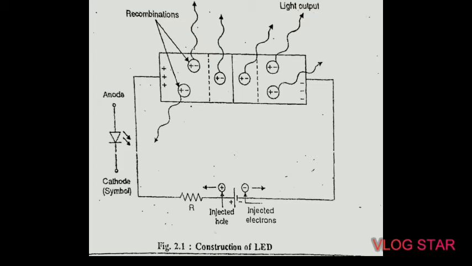In the case of an ordinary diode, the recombination is also taking place, but the photons are not radiated. Only heat is developed because of the recombination. But in the case of LEDs, because of the use of materials such as gallium arsenide or phosphorus, the photons are radiated out.